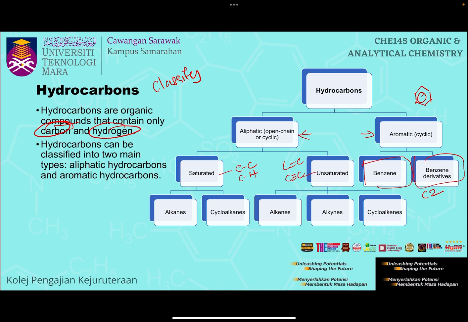So these are the unsaturated, hence we have alkenes and then the alkynes. Cycloalkanes are also saturated because they're also single bonds, except that they form a cyclic. Alkanes can be straight chain, which is also considered saturated, or sometimes you get the ones with branching.